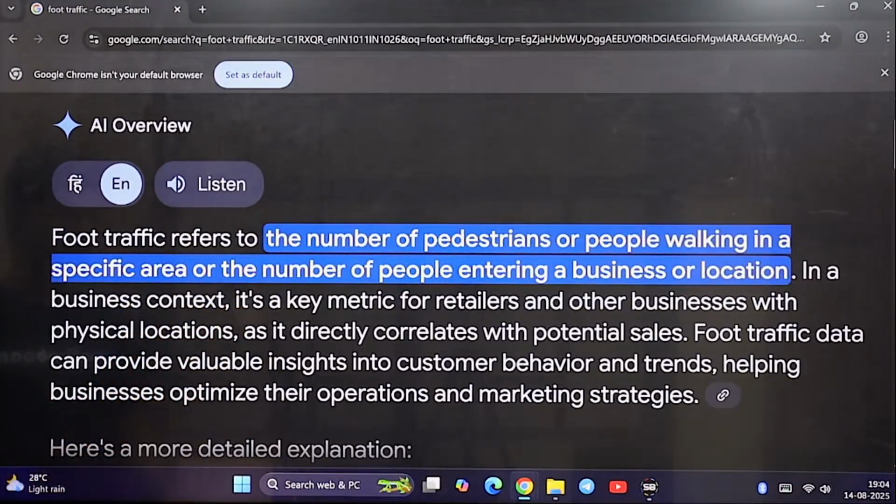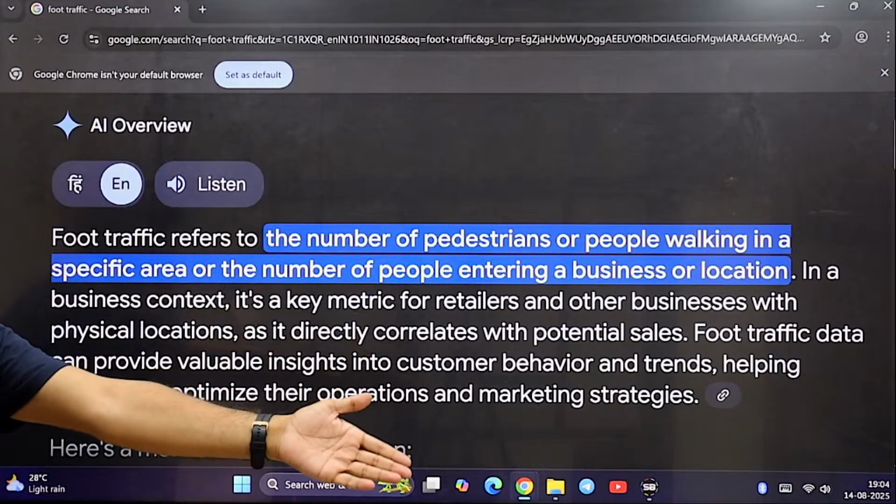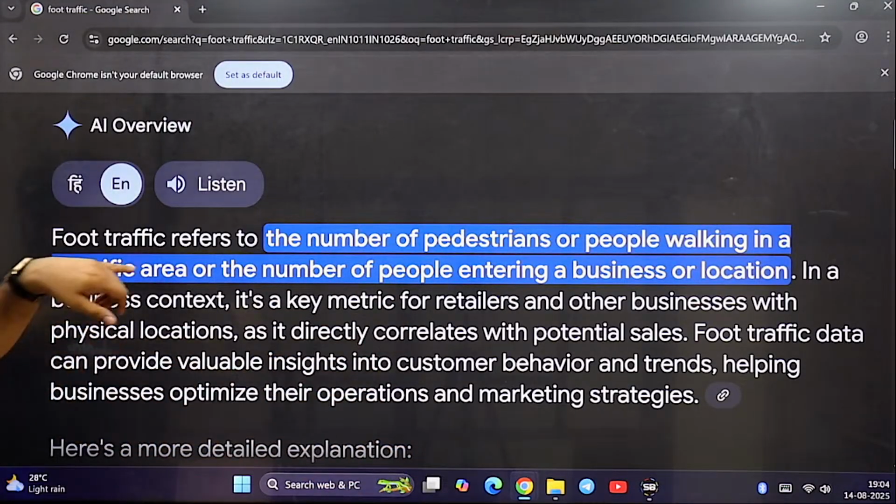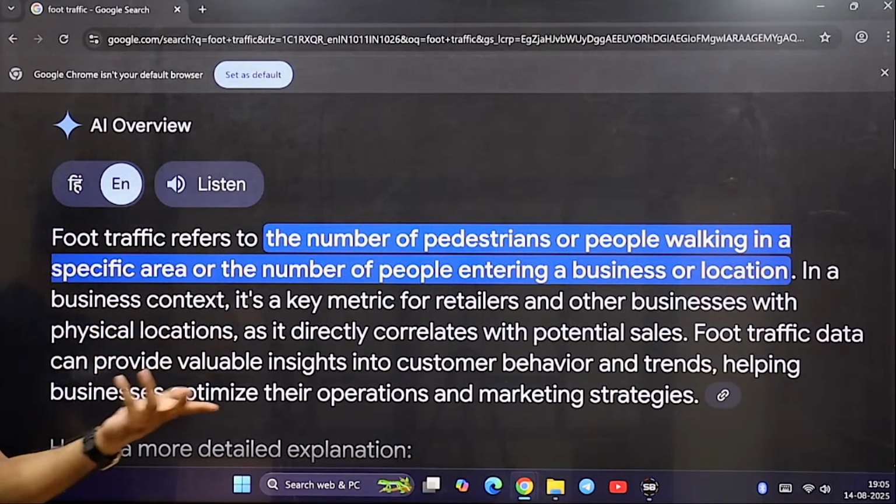And I was almost correct. Foot traffic refers to how many people there are, the number of people walking in a specified area, shop, entering a business, mall, location. Foot traffic. And that's the traffic.